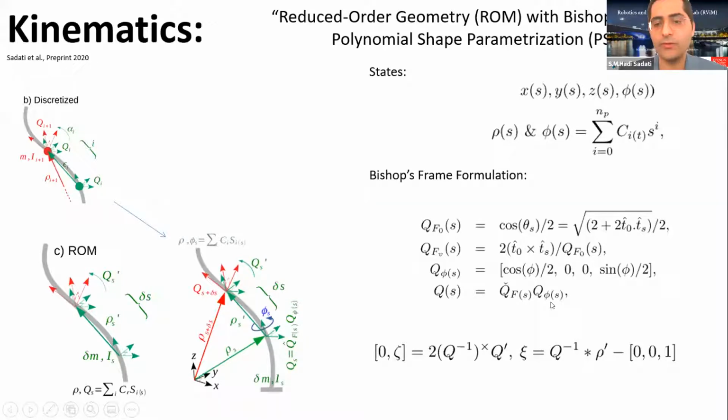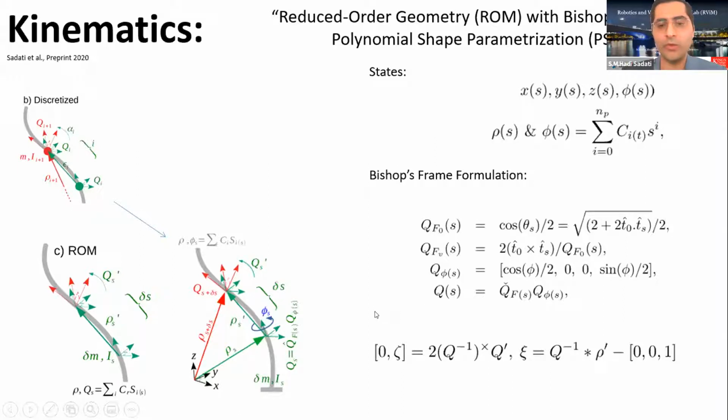As a result, we end up with a smaller number of polynomials, because to define the orientation, we don't need to define all of the elements in a quaternion or Euler angle set. We just need to define the twist angle.